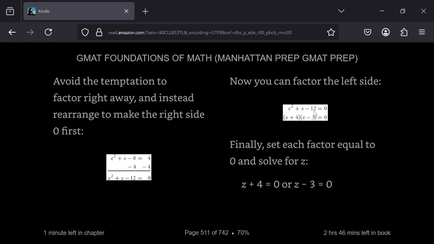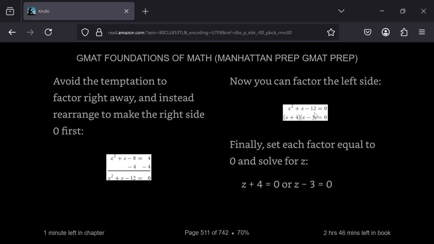Also, because the coefficient of the middle term is 1 times z, we need to make sure that 4 and negative 3, when added, give us 1 as the coefficient. 4 plus negative 3 gives us 1, which is correct.